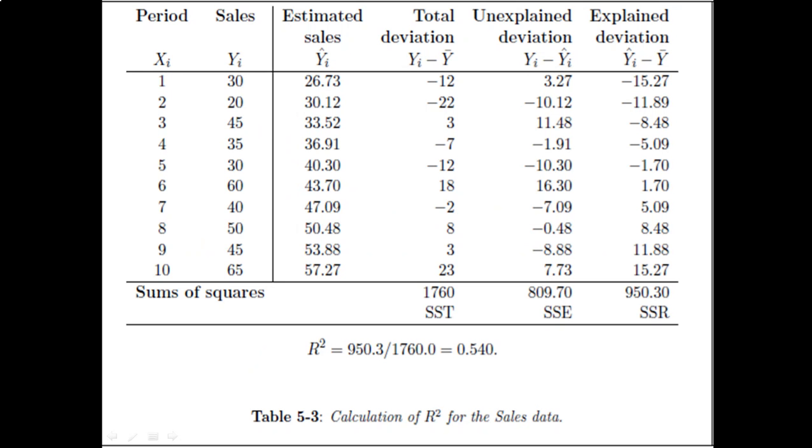The second table we will make is this table. This table will be made to find r squared, where r square equals SSR over SST.